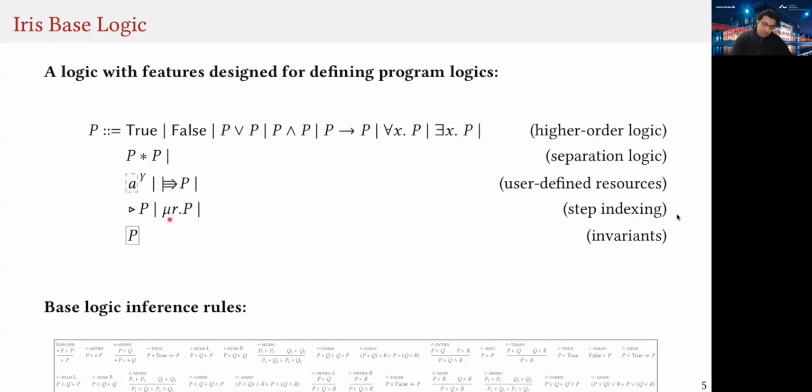And we can also take fixed points of propositions. We can define recursive propositions guarded by later. We will see an example of that. And of course, invariants are very important in Iris. They allow us to express the fact that something holds forever.